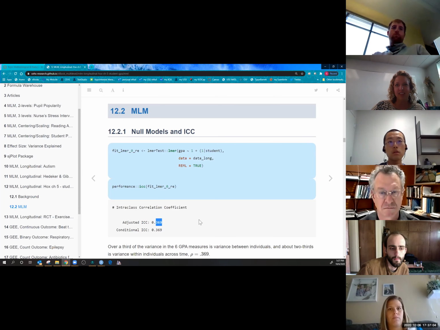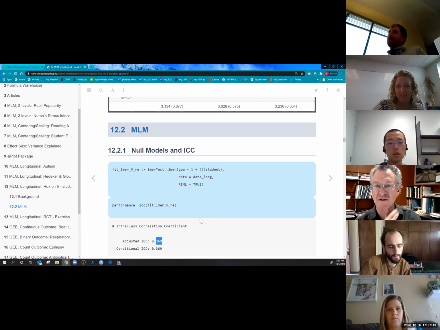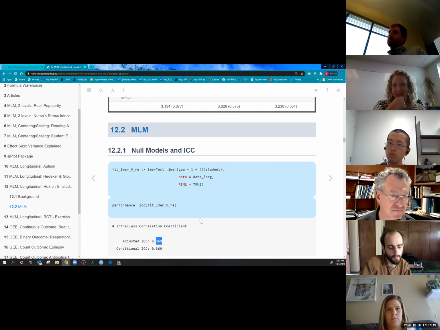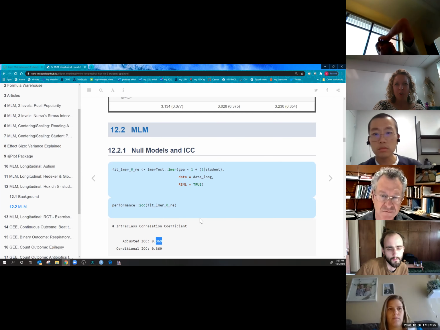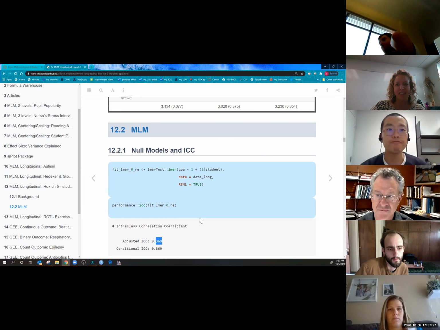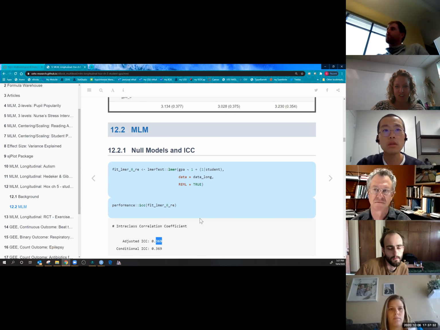What does this ICC tell me? 36.9% of the variance of the outcome variable can be attributed to the students. Differences in students. Yep. Over a third, 0.36 is more than a third would be 0.33. So more than a third of the variance in GPA is due to student differences.